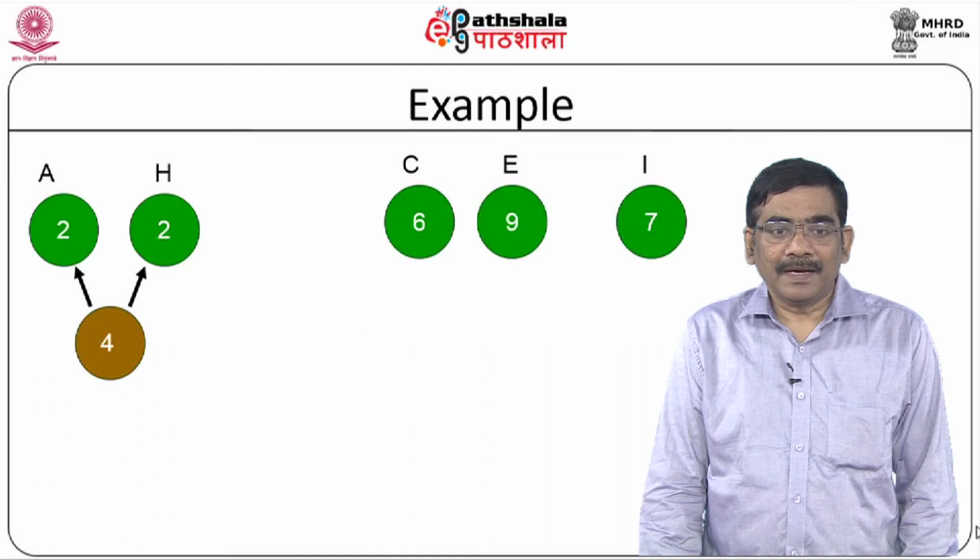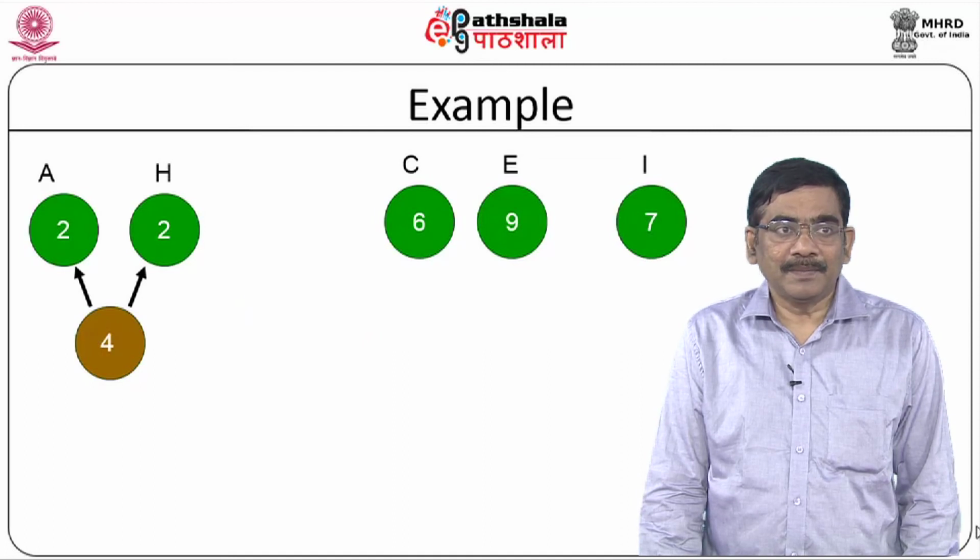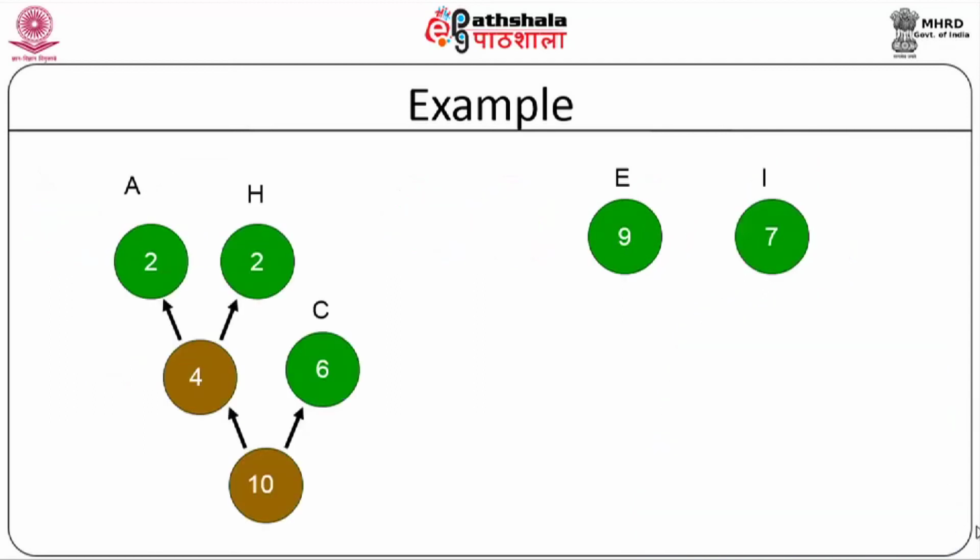Now I have to consider the best possibility among 4, 6, 9, 7. You can see that 4 and 6 are the best possibilities, so I am getting 10. Next I have to consider 10, 9, 7.